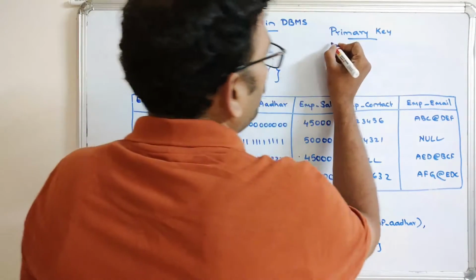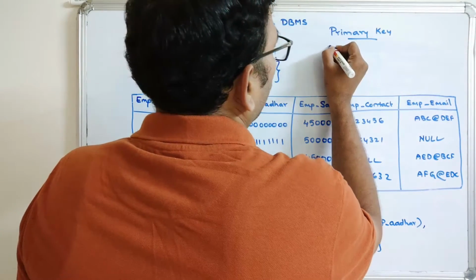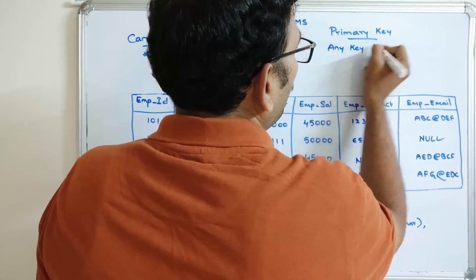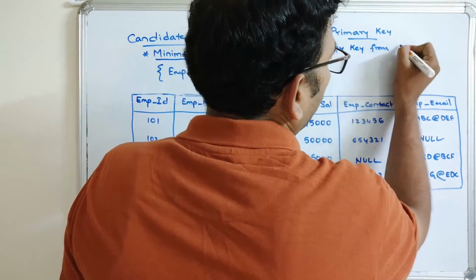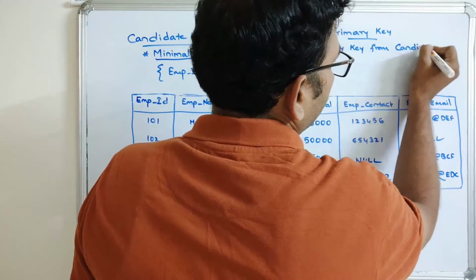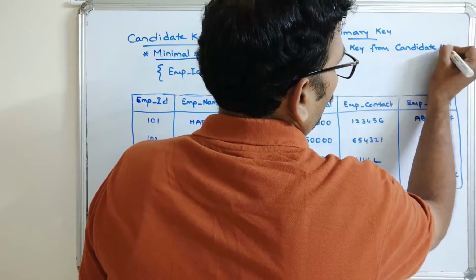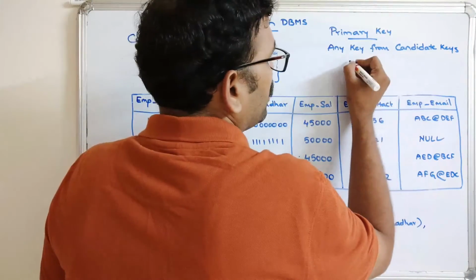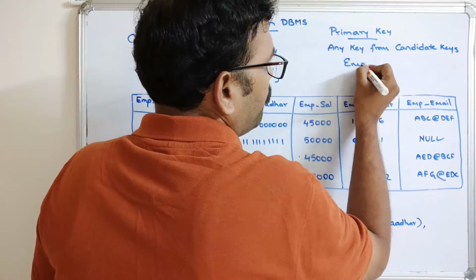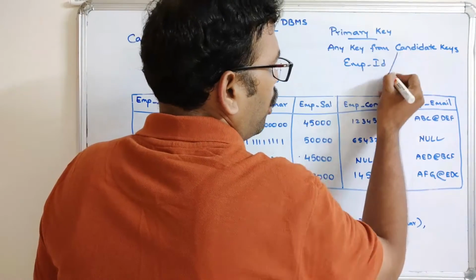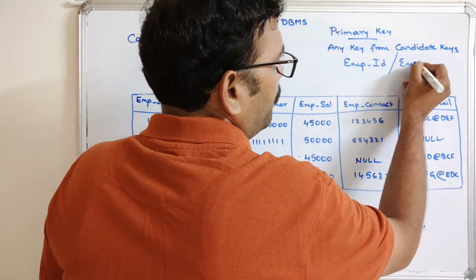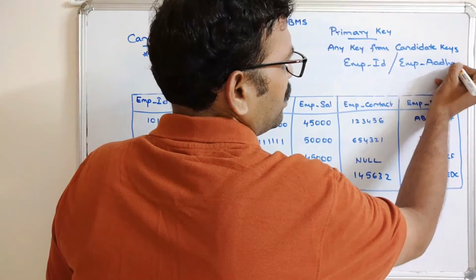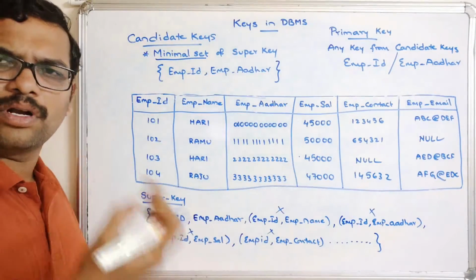So primary key can be any key from candidate keys. That must be employee ID or employee identification, let it be some Aadhaar card or voter card.